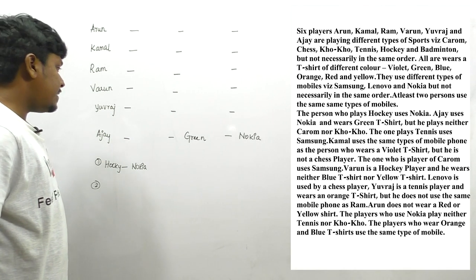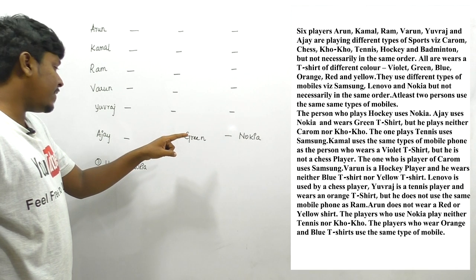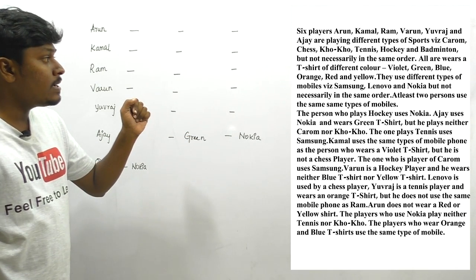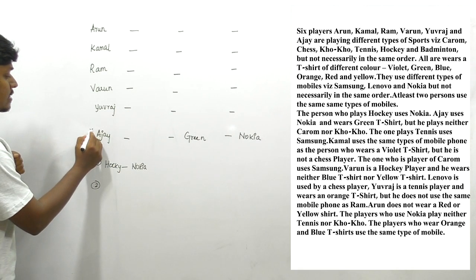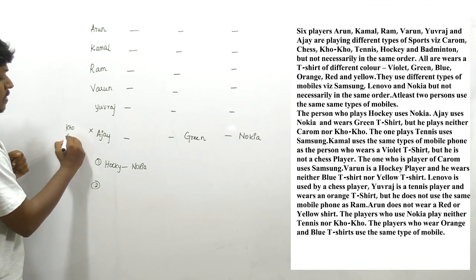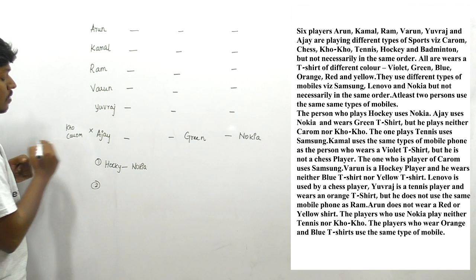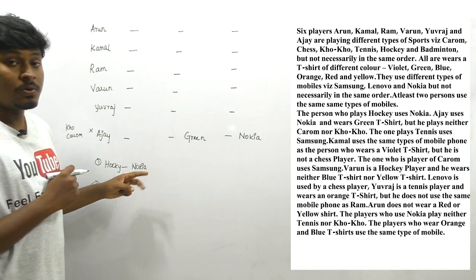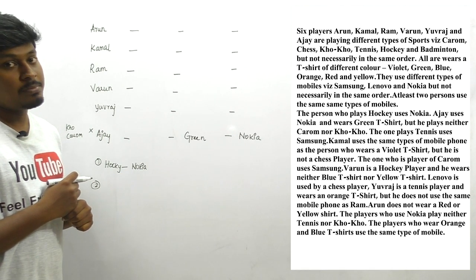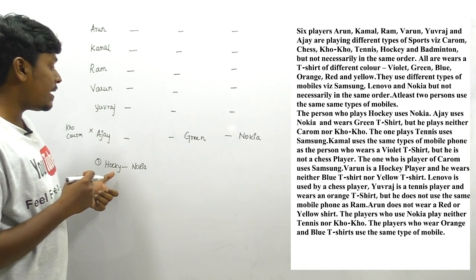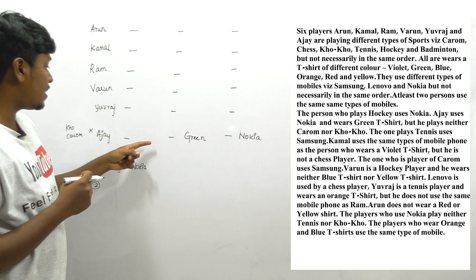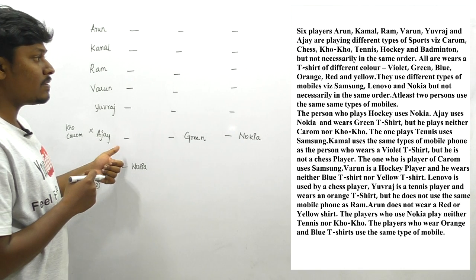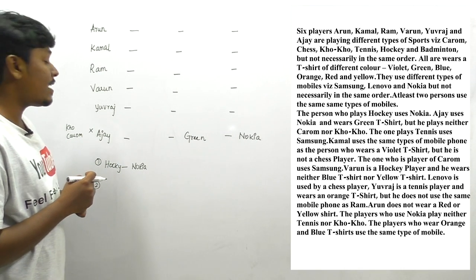We can't say exactly that Ajay is the hockey player with Nokia, because at least 2 persons should have the same mobile phone and any other person can play hockey and have a Nokia. We don't know for sure whether Ajay plays hockey, but they have said that Ajay is not playing Carom or Kho-Kho.